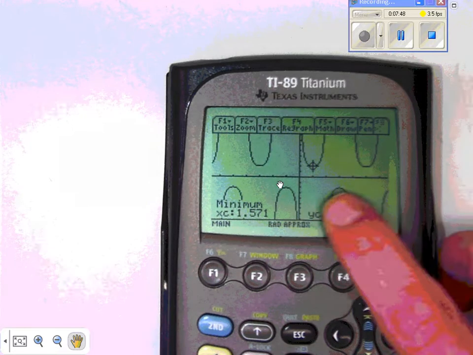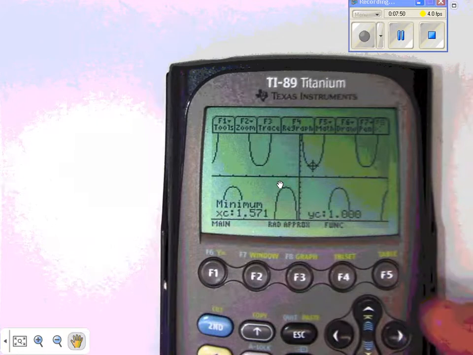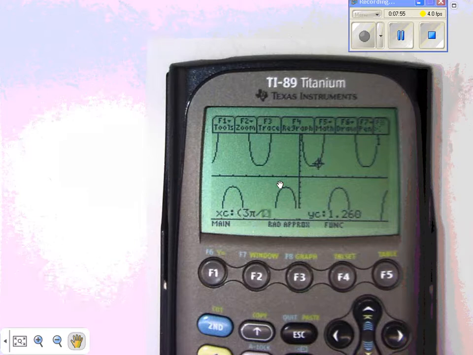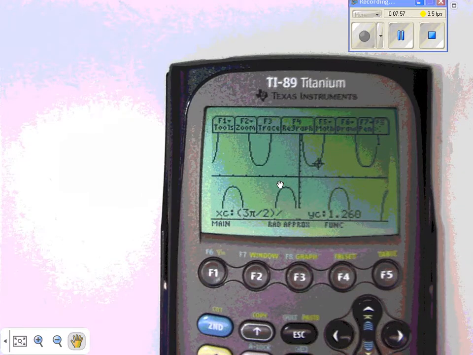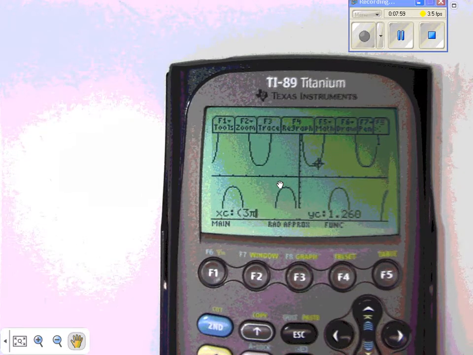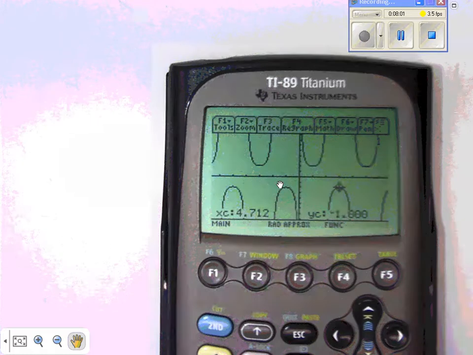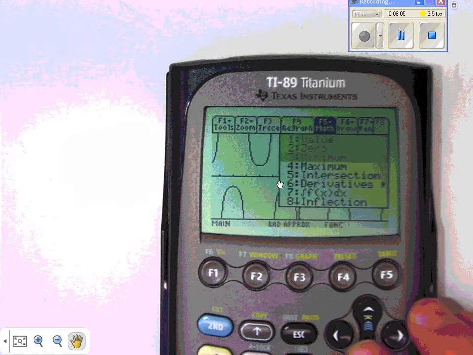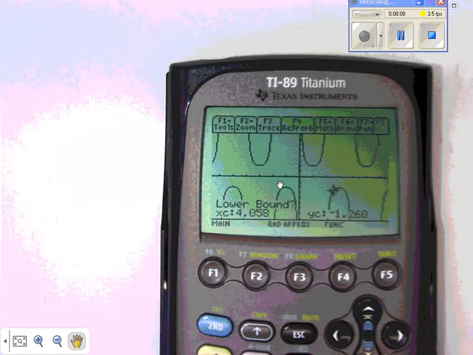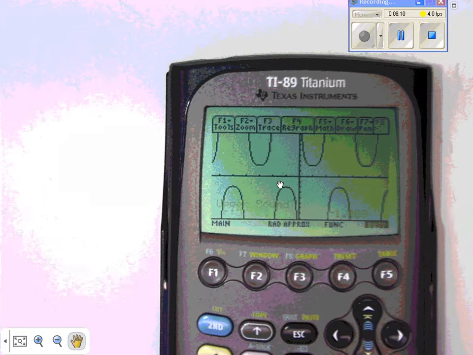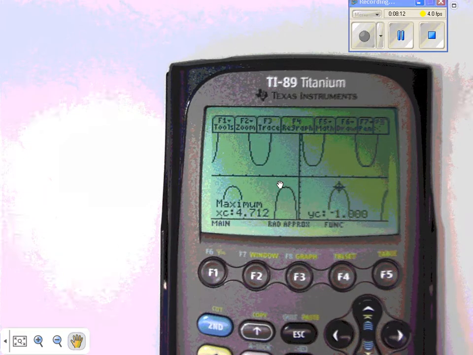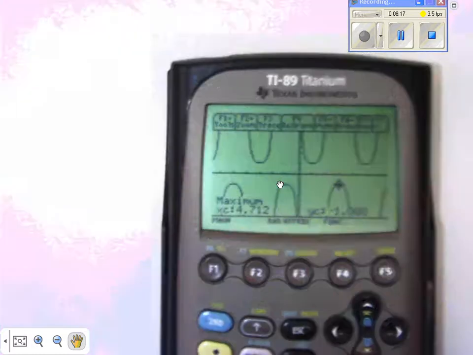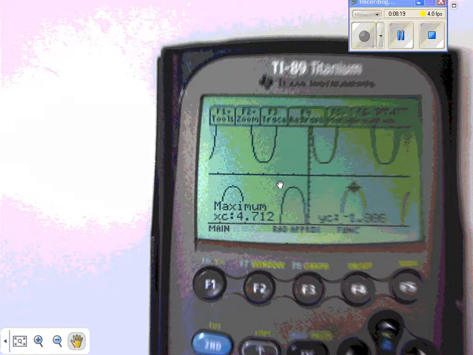Looks like over here we got 3 pi halves comma negative 1, which is probably going to be our maximum over there. Negative 1, right? 4.712 comma negative 1. Let's check that, see if that really is our local maximum. It is, 4.712 comma negative 1, right? And so on. Okay, so we have these hills and valleys type of deal.